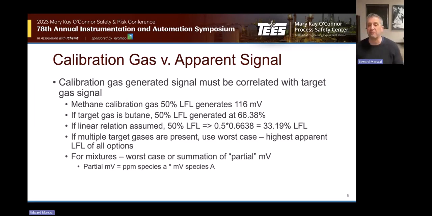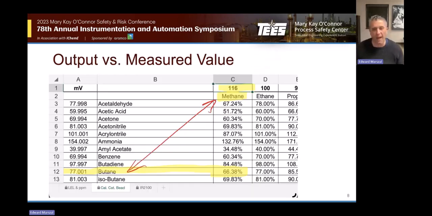Well, we in the safety business, we're conservative. We always do the worst case scenario. So we're going to go back to this table, and we're going to look at all of the target gases and figure out which target gas is going to give me the highest apparent reading.